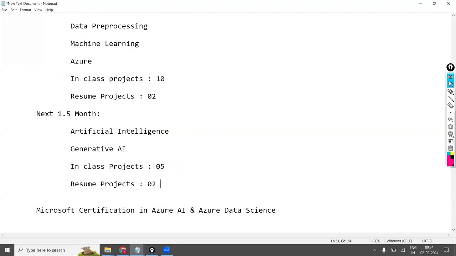Resume projects are ones you have worked on, not ones you have copied. You have to work. I'm going to give you the data set and tell you how to do it, an overview of how things are done in real life in companies. If you have joined an internship, things will happen in the same way.